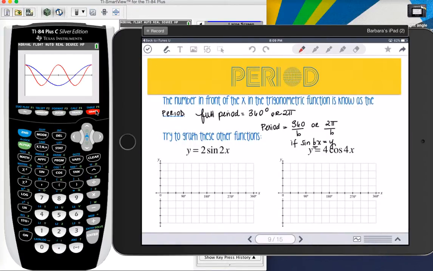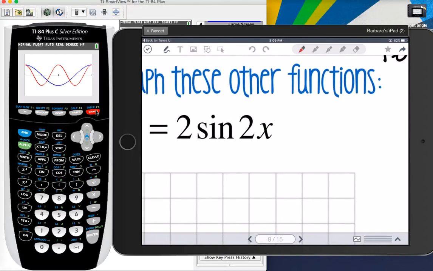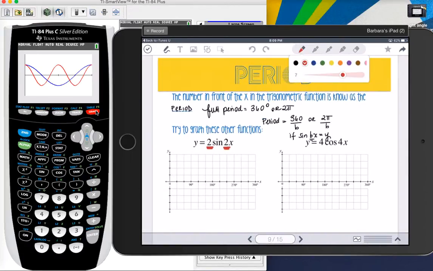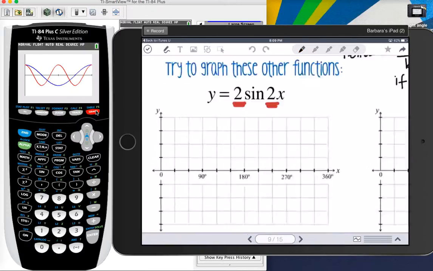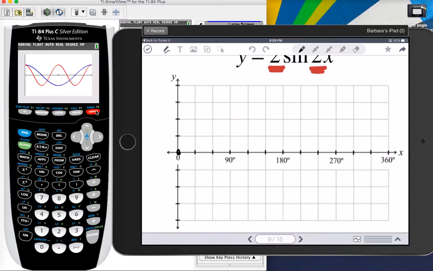So let's look at this one. Now there's two transformations here. We know that it's going to go up to 2 and that I will have 2 completed in one rotation. So what I like to do normally to help myself out is sketch the normal function first. All right, so that's my sine of x. Now I know this 2 in front is going to make it go up to 2 and down to -2.